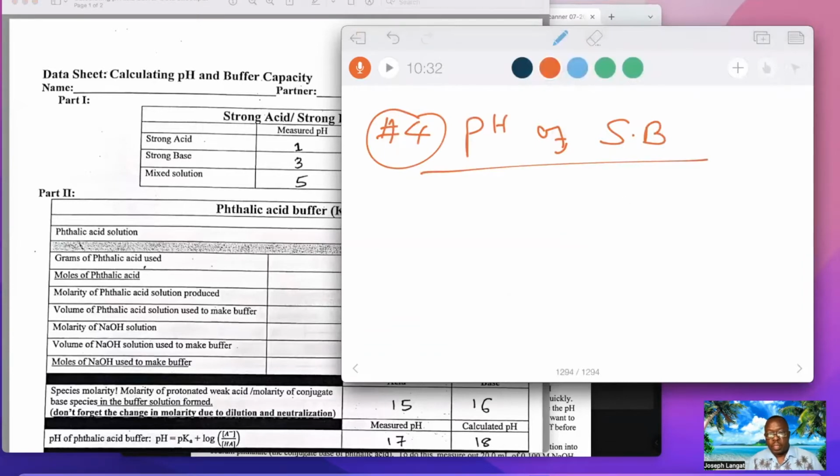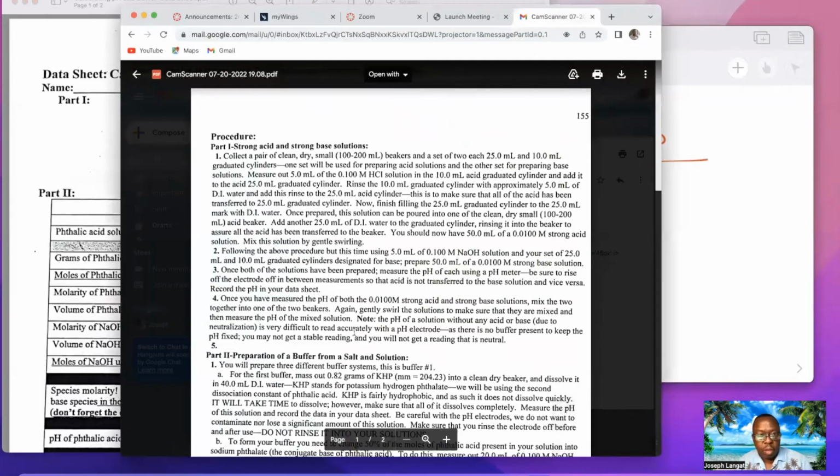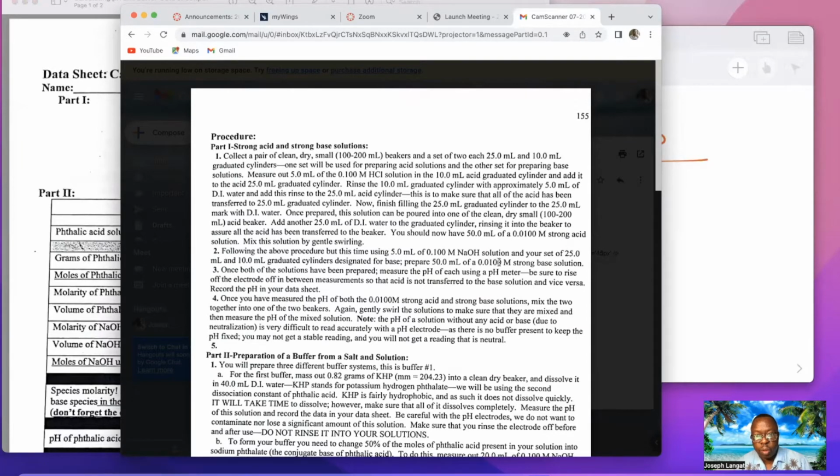You realize that in this case you are dealing with the base NaOH, just the way you did for the strong acid. You'll have 50 ml. Prepare 50 ml of 0.0100 molar, with 3 significant figures.